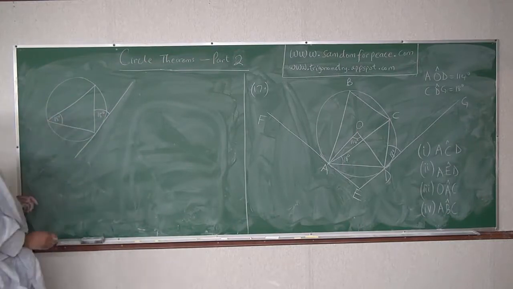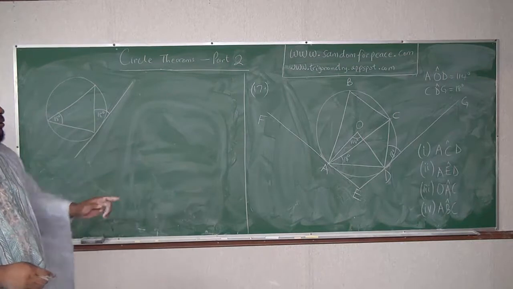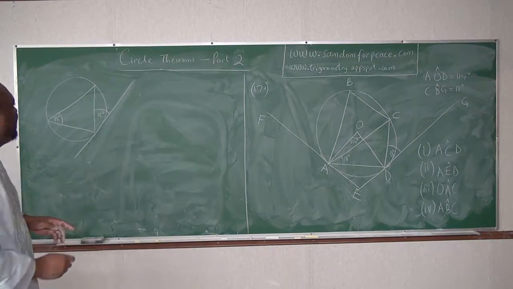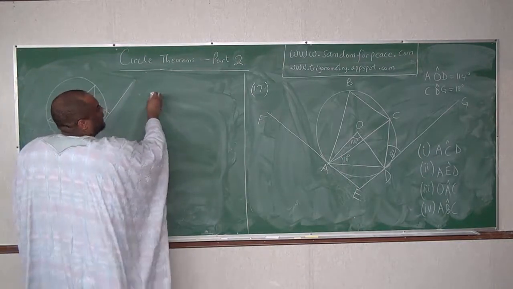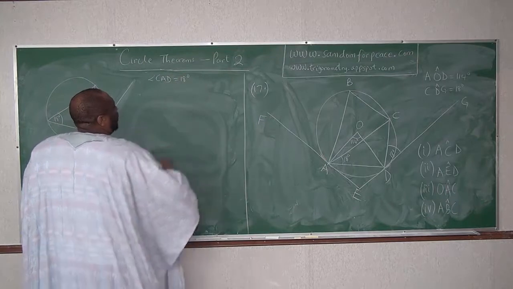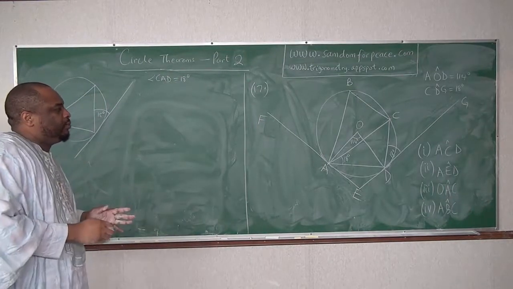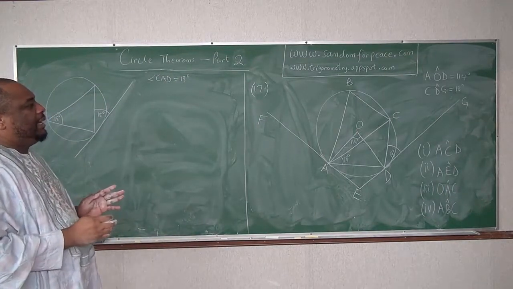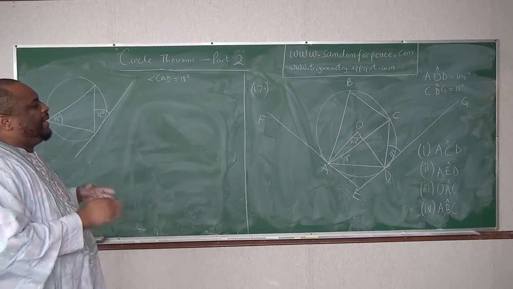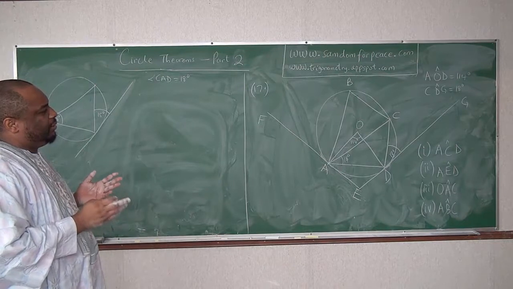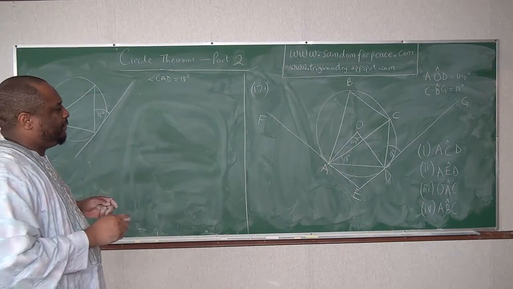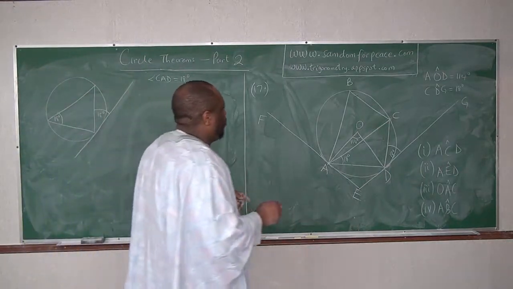That's what I wrote. Angle CAD is 18 degrees. Reason: angle between a tangent and a chord is equal to the angle in the alternate segment. Okay, but that's not what we want, but that's no problem. We can get what we want.